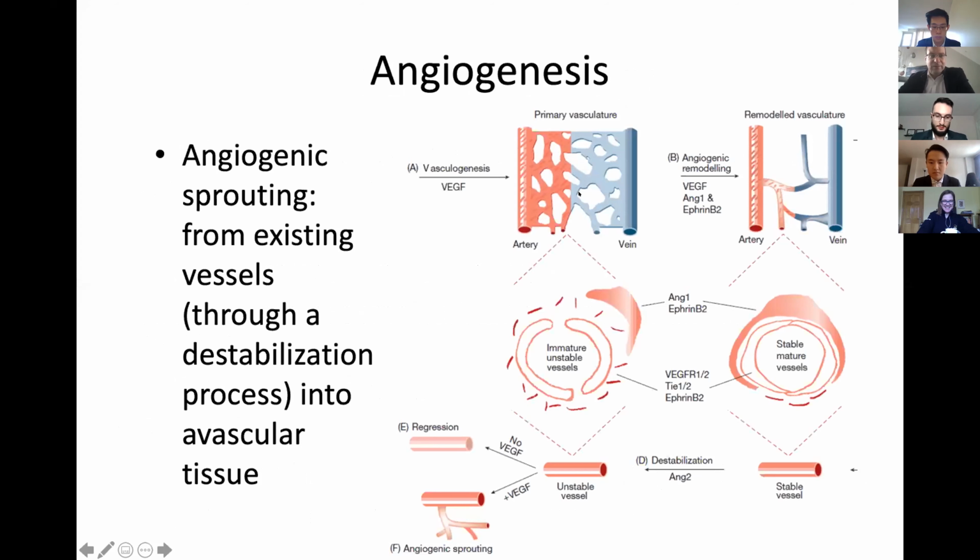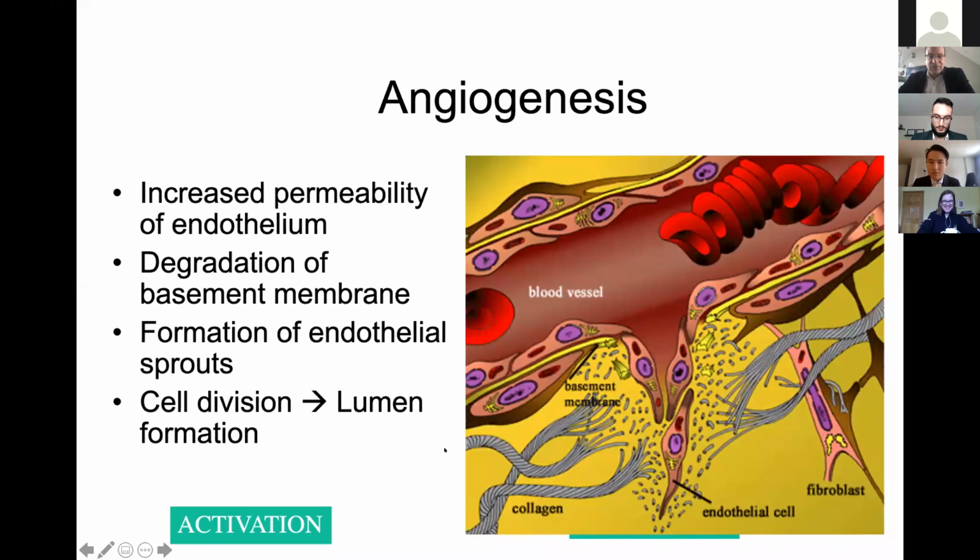Well, angiogenesis means that from a primary avascular network, blood vessels are remodeled to either grow or to be pruned. And these mature vessels are renewed approximately every 7 years over the course of a lifetime, i.e., the vessels have to undergo a destabilization process. The unstable vessel can either grow or regress, depending on whether or not there's a need for this vessel.